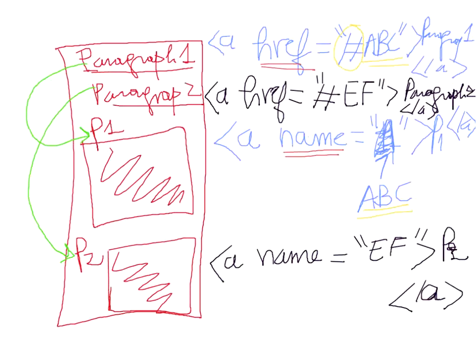So href is an attribute that specifies the link destination. It's clear?